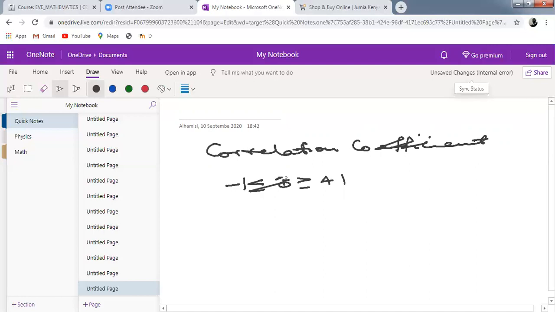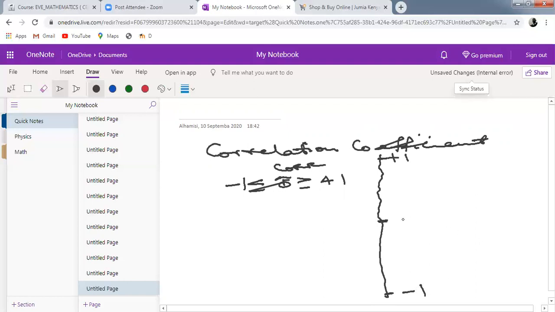Actually here we are talking about correlation. Therefore, if I can put this one maybe in something like a number line, we can have +1 being the highest and -1 being the lowest.